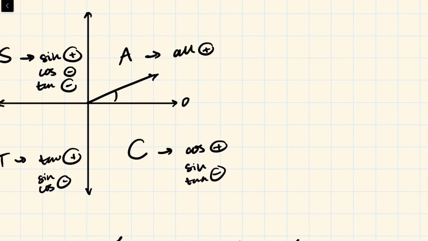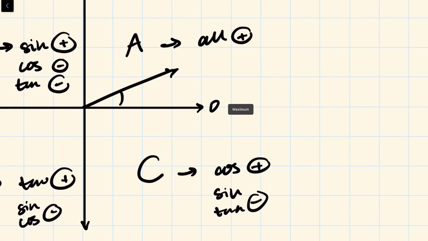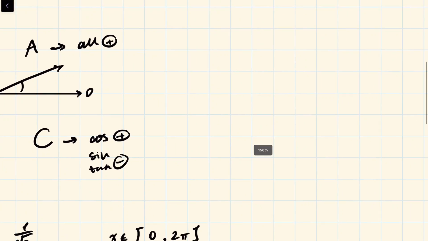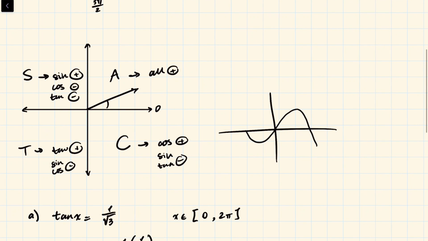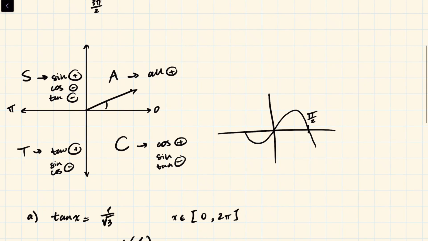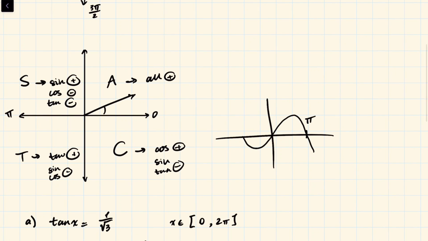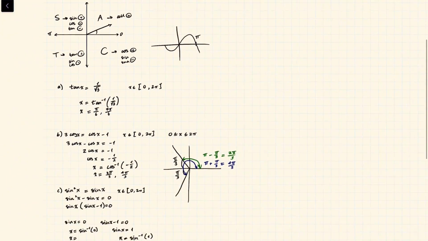When this arm is at 0 degrees, the sine of the angle is also going to be 0, because that's the way the sine function looks. We also have a 0 at pi, my bad, not pi over 2. At pi over 2, sine is 1.